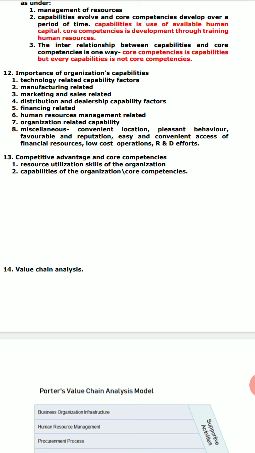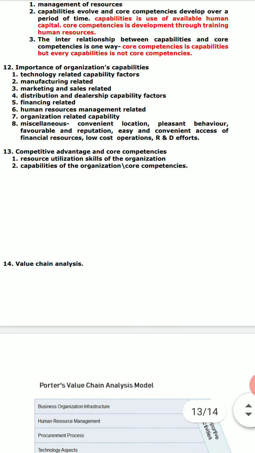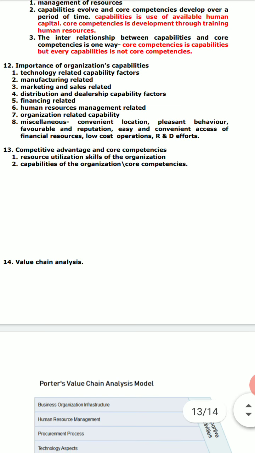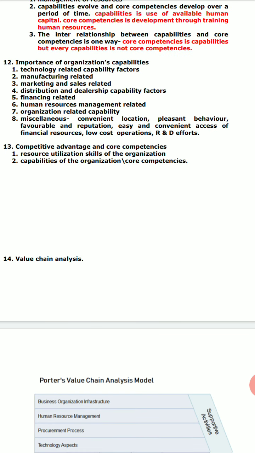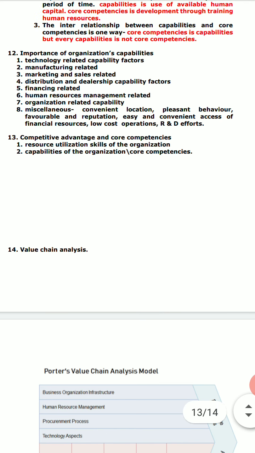Now the combination of the above three dimensions is considered in terms of the following capability factors. That means organizational capability factors may be taken from the dimensions we have already seen, and how the capability of the organization can be known by studying these 8 types of points, right?